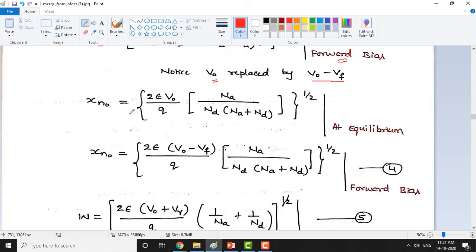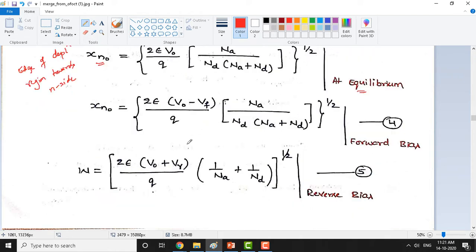On similar lines, you can also take the xn naught equation, that is, the edge of the depletion region towards the N side. This is at equilibrium condition. You can observe here that for equilibrium condition, this is going to be the edge of the depletion region towards the N side.